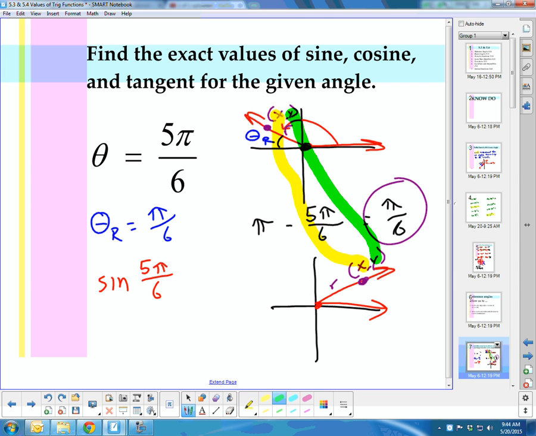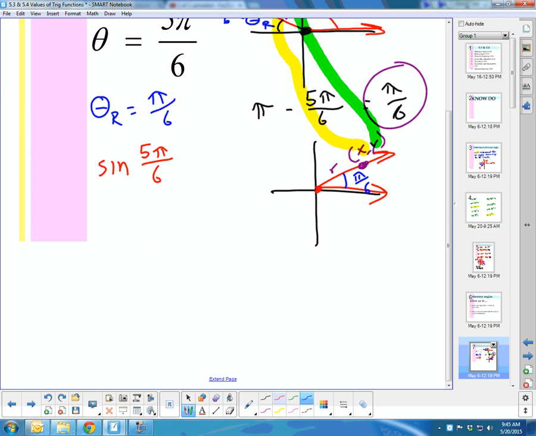Since this angle is pi over 6 and this angle is pi over 6, we could use the similar triangle, congruent triangle argument to say that all those values are going to be the same. So if I calculate sine of pi over 6, and this is something from our common values, sine of pi over 6 is going to be 1/2.